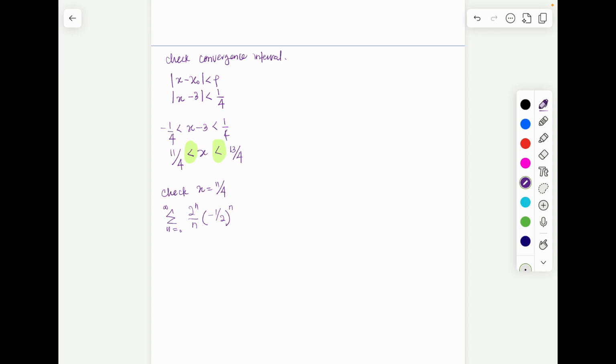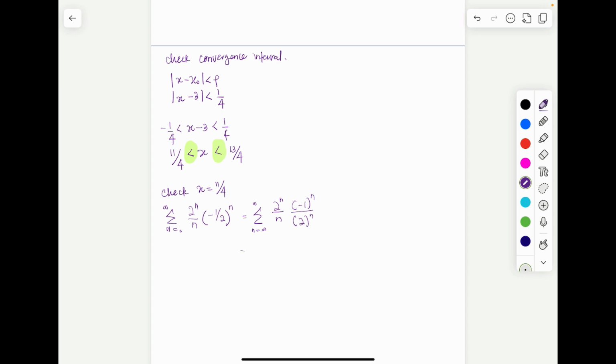Now we need to check the convergence of this series. This one can be rewritten to make it easier for us to check the convergence. It becomes 2 to the power of n over n, and (−1/2) to the power of n can be written separately as (−1) to the power of n over 2 to the power of n.